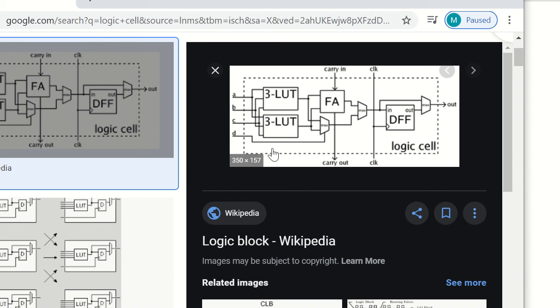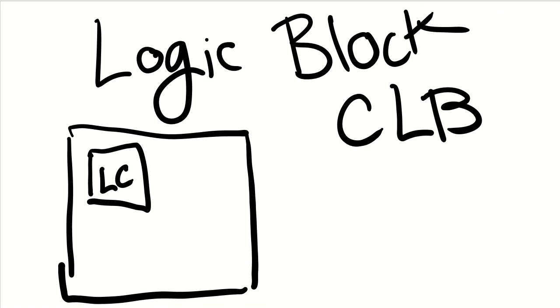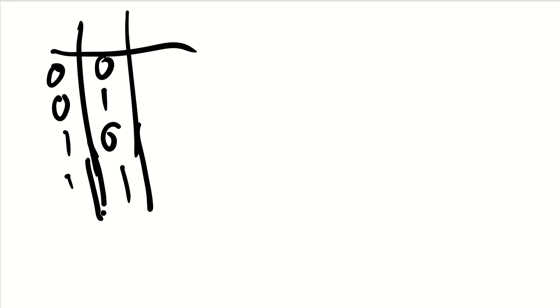In a digital class, you say, okay, I have 00, 01, 10, 11, for example, for two inputs, right?